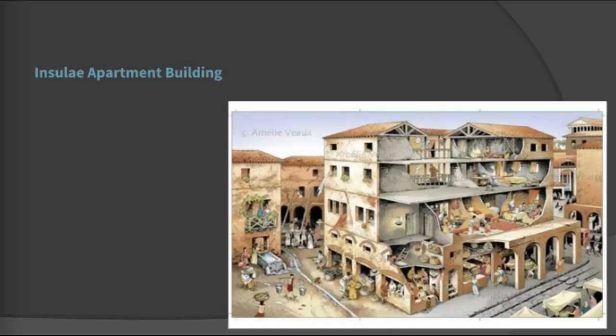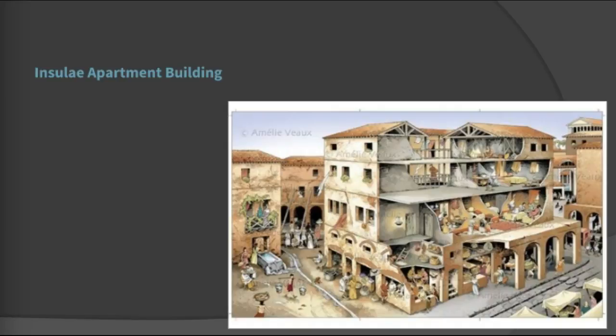The poorest people would live on the highest floors because it would be hotter and harder to get up to them, and carrying the necessities up those several flights would be difficult. They were sometimes crowded. They had poor lighting, bad ventilation, and there was a constant threat of fires, particularly the fire that Nero was most known for. Building codes were put into place after much of the city burned down.